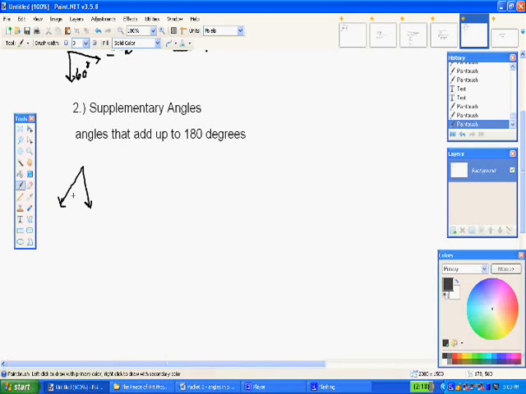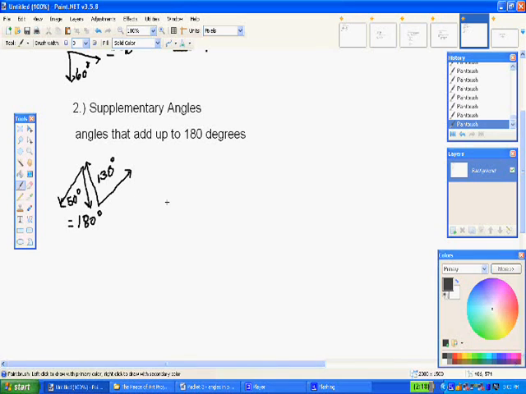You might have an angle that is 50 degrees, and you might have an angle that's, and sorry, these aren't drawn to scale, but you might have an angle that's 130 degrees. And together, they make up 180 degrees, and so they're supplementary to each other.